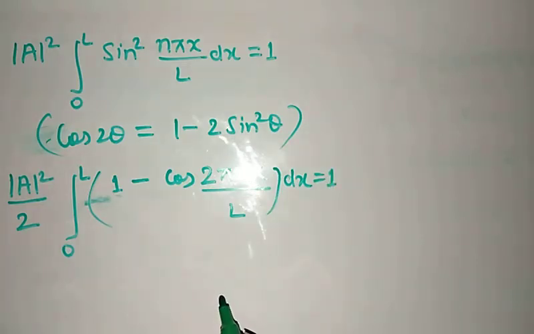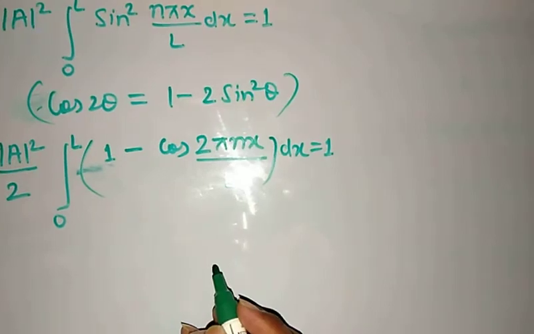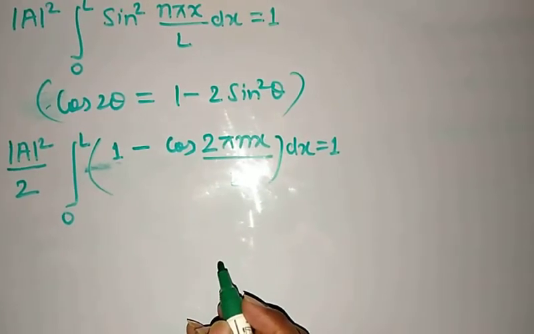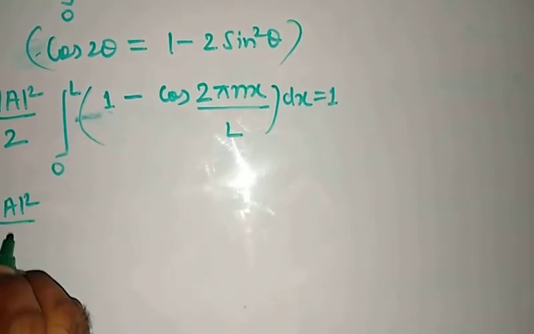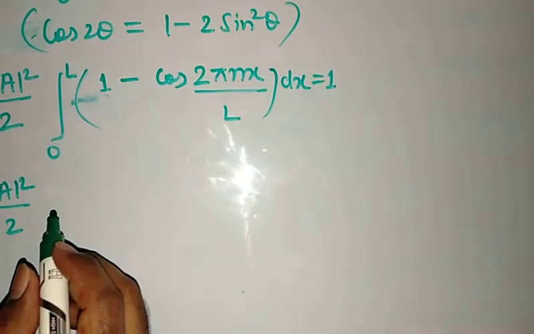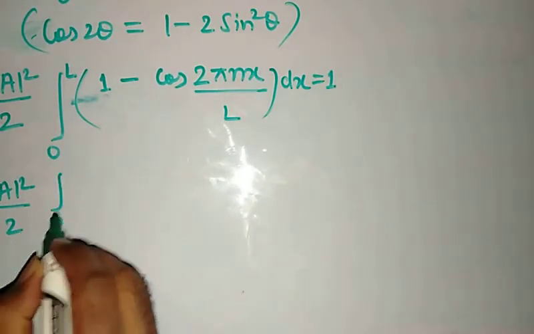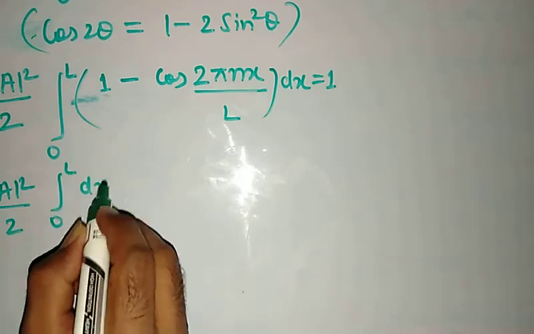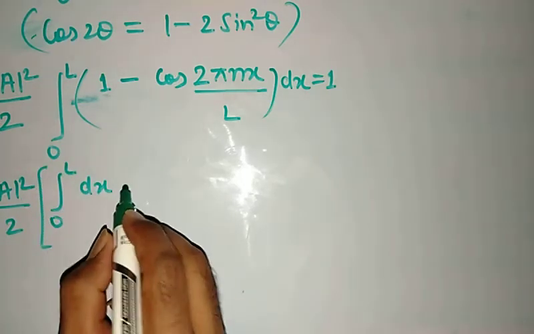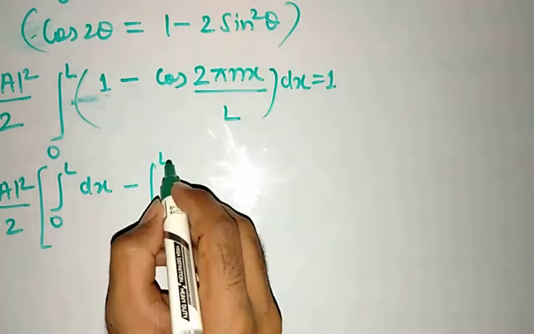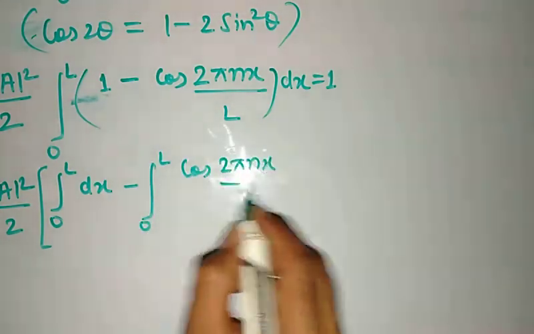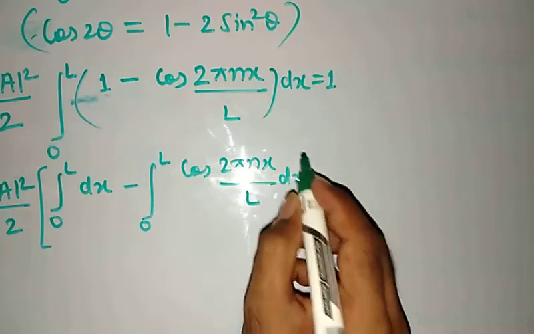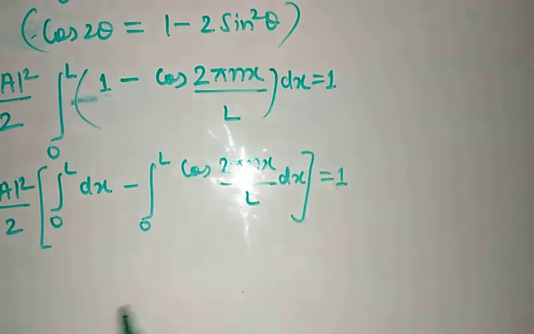Now separate this one, you will get mod A square by 2, integration 0 to L dx minus 0 to L cos 2 pi n x by L dx is equal to 1.